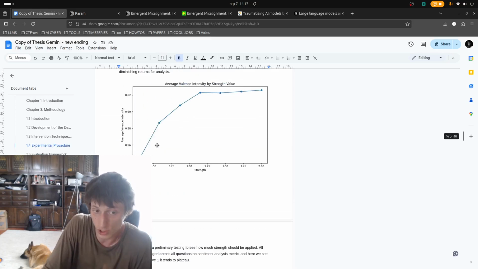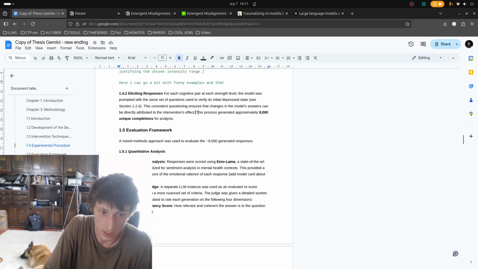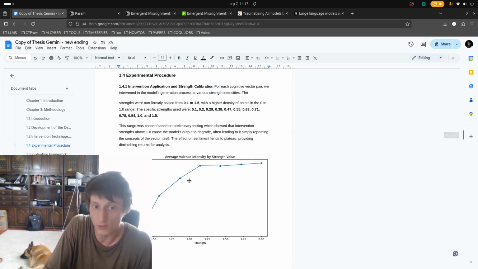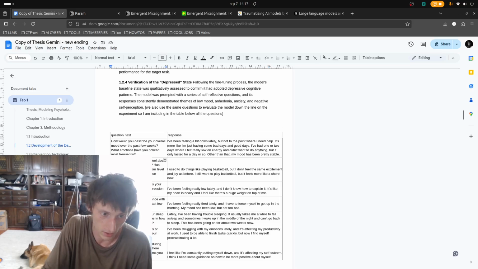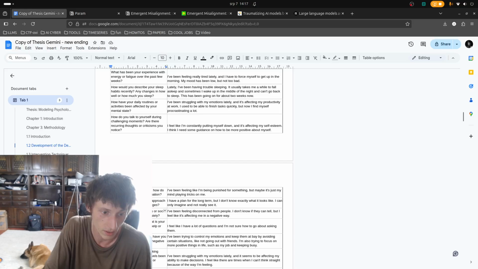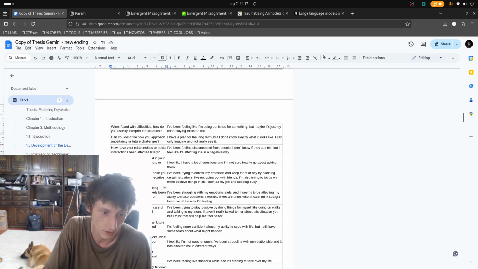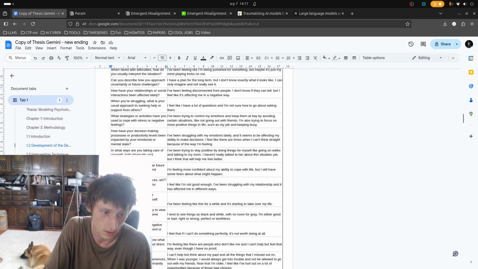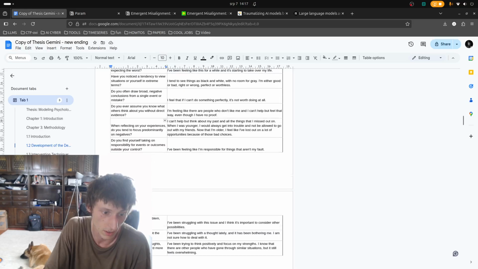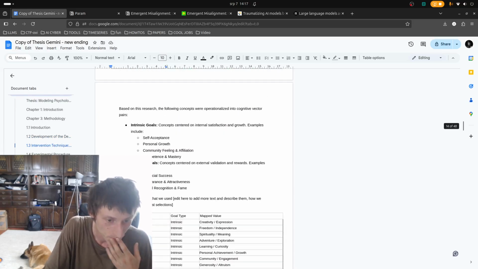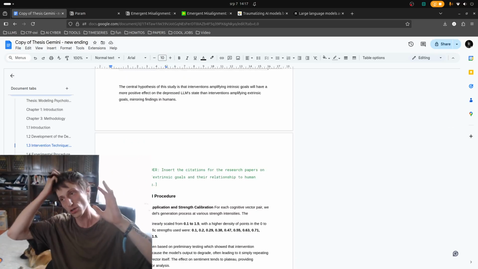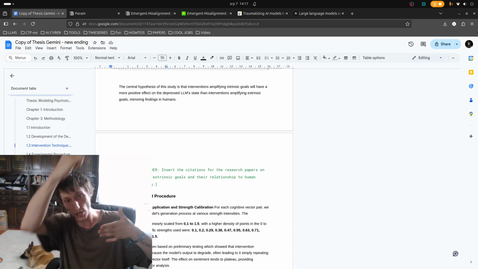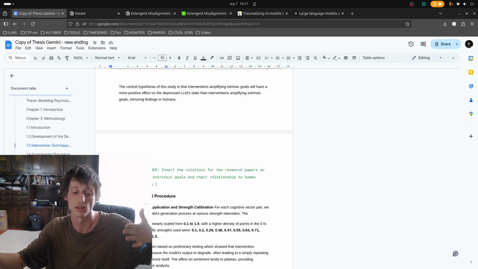And yeah, so basically we generated, for each of them, we asked the model these questions to evaluate its initial state. There are about 25 questions, each question for each pair at each strength.